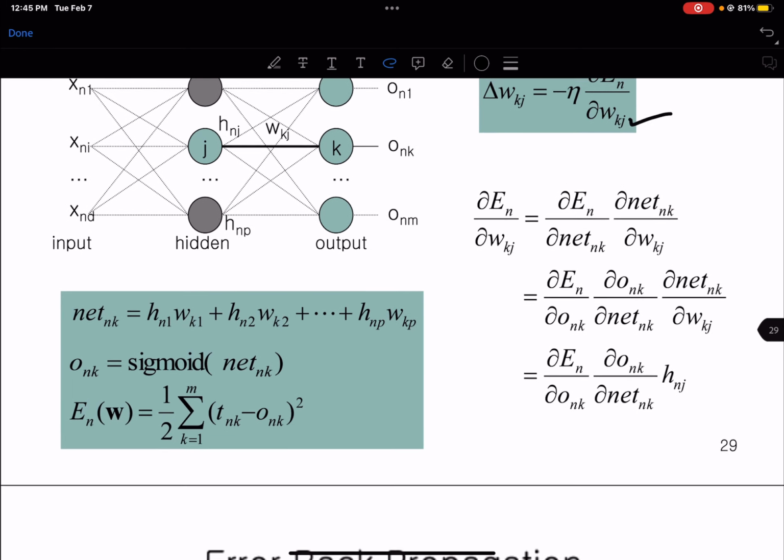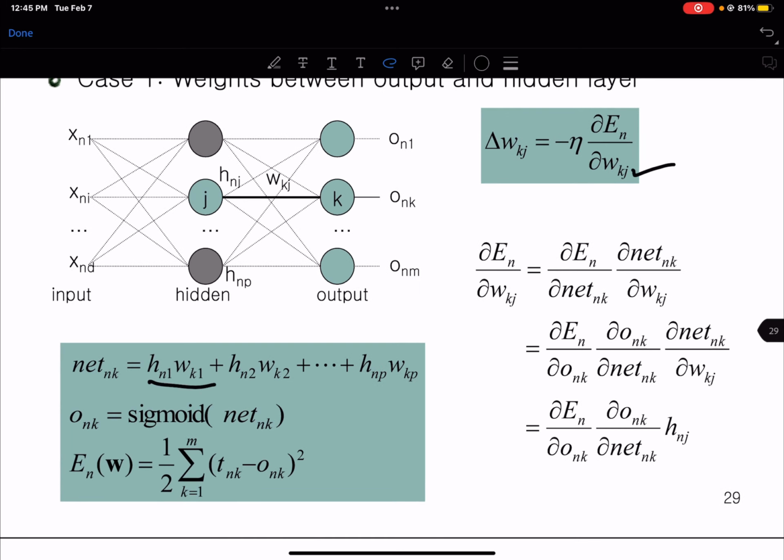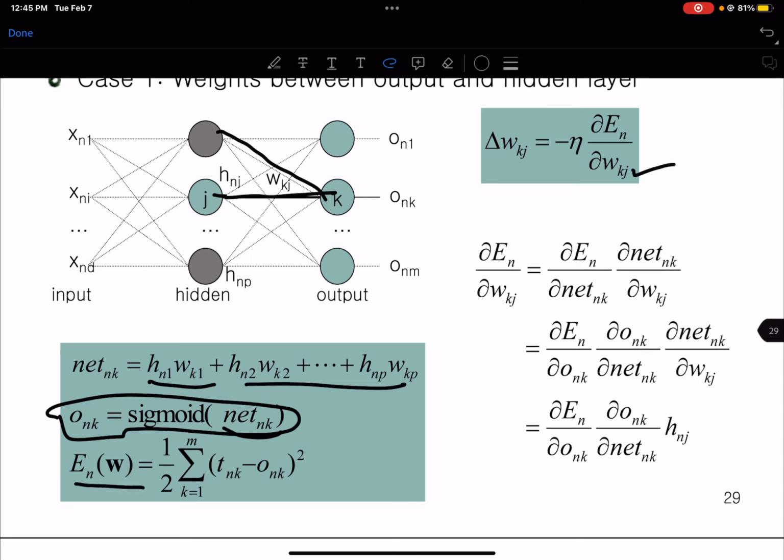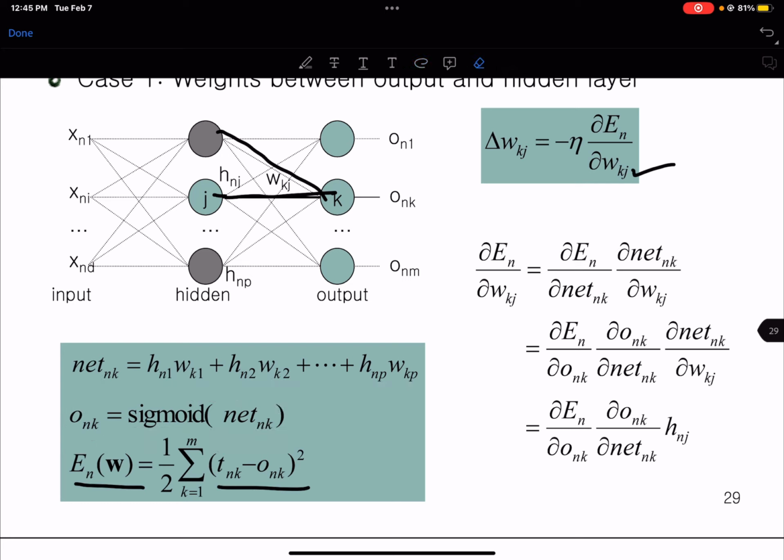So we can see here net_nk, we already mentioned, o_nk is sigmoid of net_nk. Net_nk is the hidden node values multiplied with the respective weight values, and the error function is defined by the squared error at the output layer. And what about the derivative with respect to the weight value?